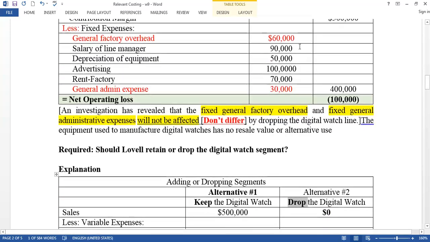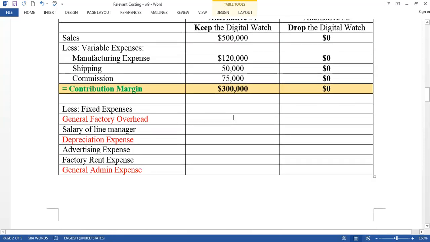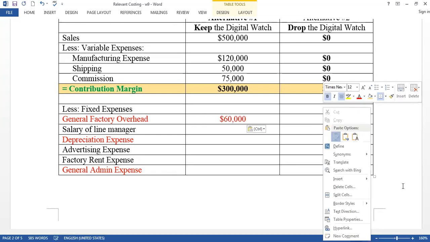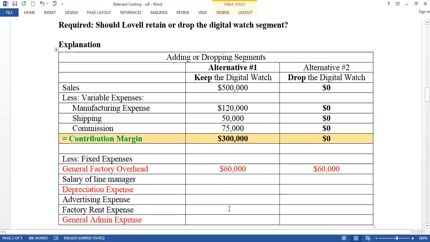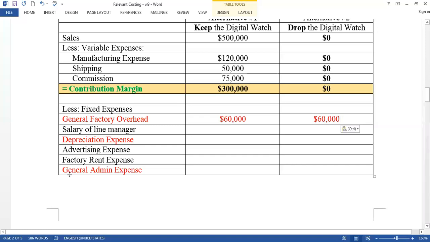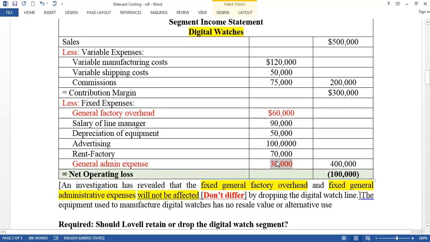That means that this $60,000 does not have any difference. Means whether you keep it or drop it, this is common. Okay, they say that another item we have the same. General admin expense, $30,000.